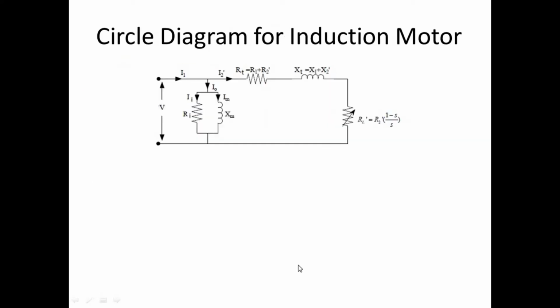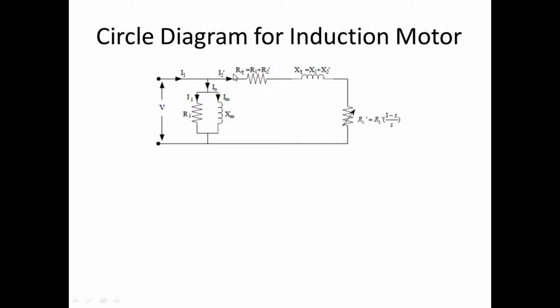And now we can come to the case of induction motor. If you are looking here, the voltage across this point will be V, and if you are considering this part, it is simply an RL circuit, R1 plus R2 dash, and the X is constant, only R2 dash is varying according to the load. So, we can here apply the circle diagram principle.